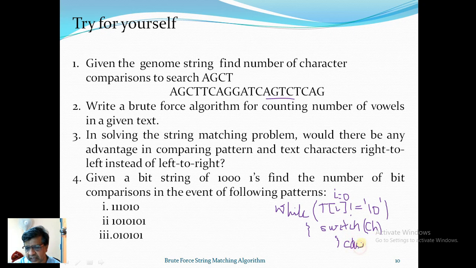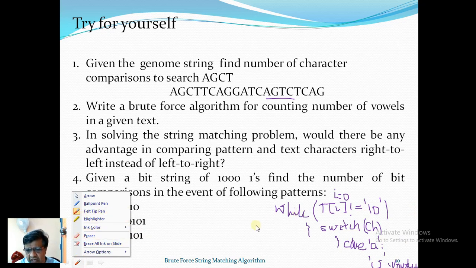Case small a, case small i, case small o, like this, case capital A, everything you write under the case, and then at the end case U. When capital U comes, there you say vowel plus plus, or count plus plus, and here you necessarily have to put a break. Then close this. Default is also not required for this. Anyway, you can do it that way.